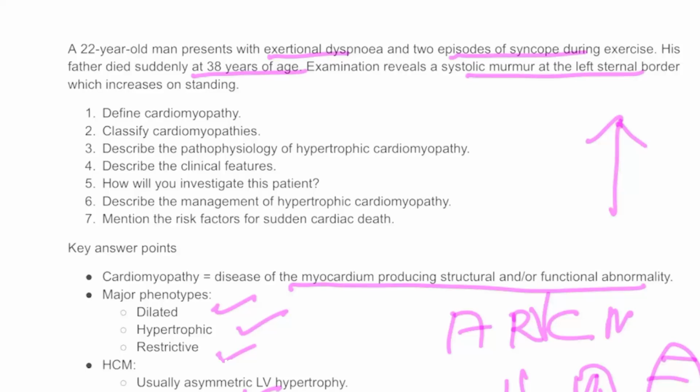There is also obstruction of the LV outflow tract, which produces a murmur similar to that of aortic stenosis, an ejection systolic murmur. And the echo may show systolic anterior motion of the mitral valve, and this also contributes to the obstruction.